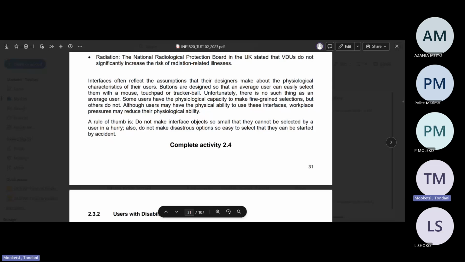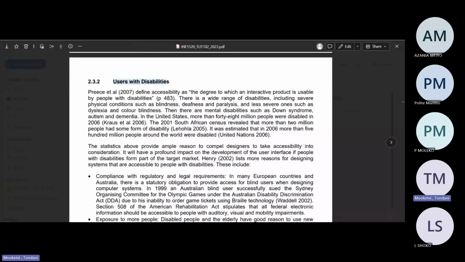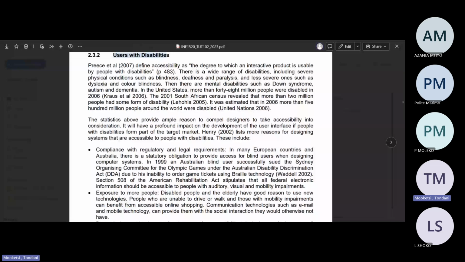And you can also read this section 2.3.2 about users with disability, because it's important to make sure that when we design interfaces, we comply with regulations and legal requirements to accommodate all types of users.